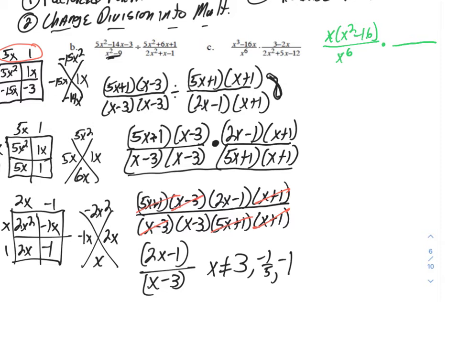I'm noticing that 3 minus 2x just kind of looks a little weird because we usually write it with an x being the first term. So I'm going to factor out a negative 1, and that's going to leave me with a positive 2x minus 3. And then in the denominator, use your squares and diamonds.